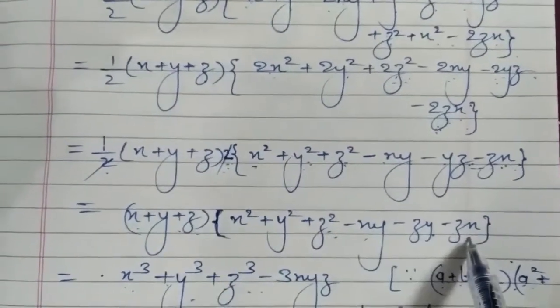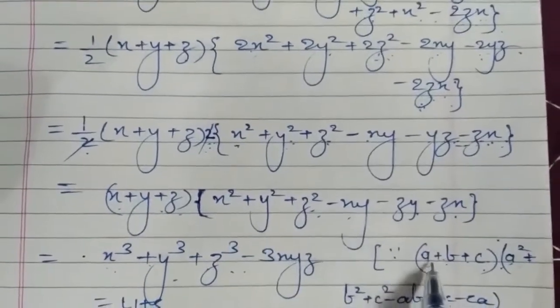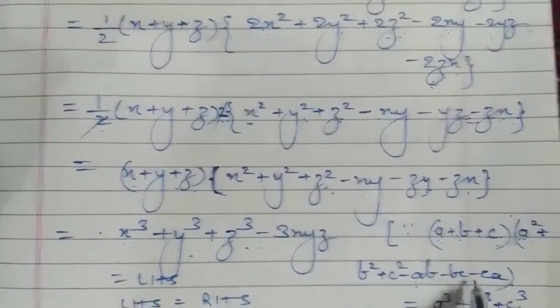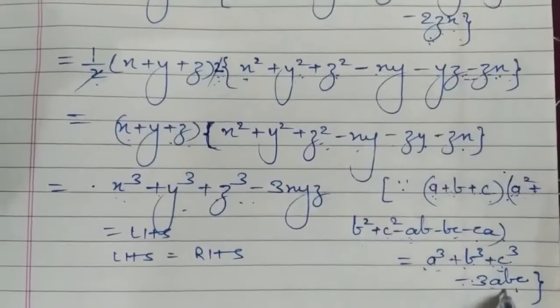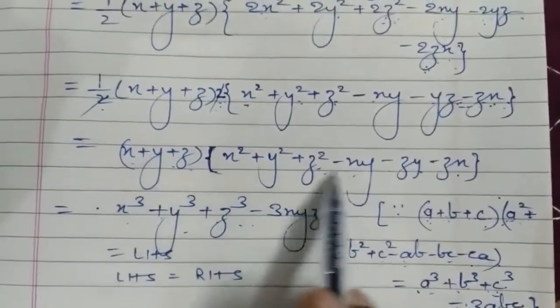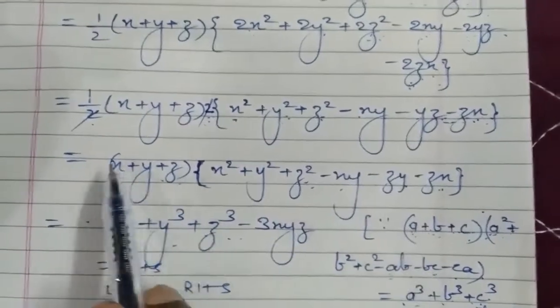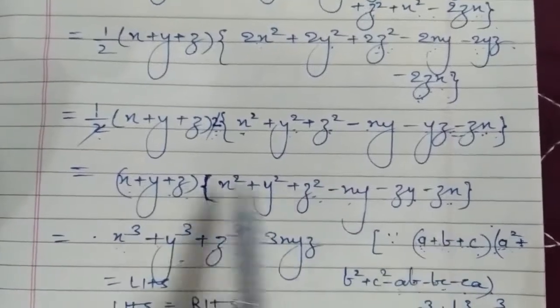Fine. Now you see from here, you know the identity (a plus b plus c) into (a square plus b square plus c square minus ab minus bc minus ca) equal to a cube plus b cube plus c cube minus 3abc. If you see carefully, this form is like this form. Here x equal to a, or we can say a equal to x, b equal to y, and c equal to z.